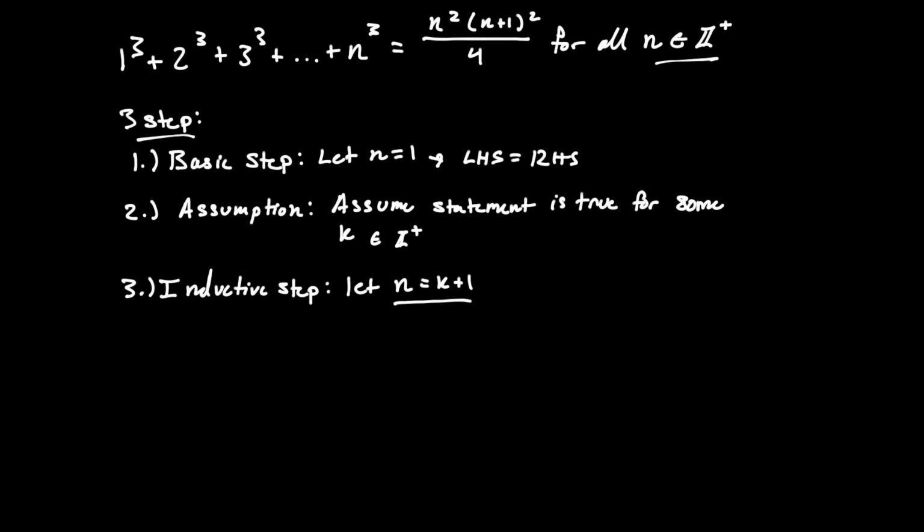And showing that it's really true is adding 1 to k, right? k can be any term, and if we add 1 to it, then we're adding 1 and showing it's true for the next term, right? Hopefully, that is the goal. Okay, so we're going to take this statement above and prove it by induction.